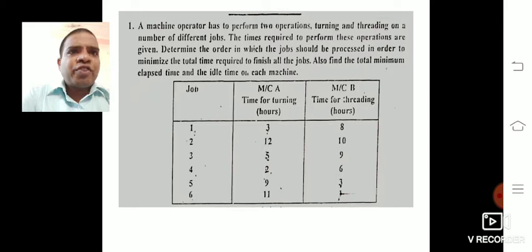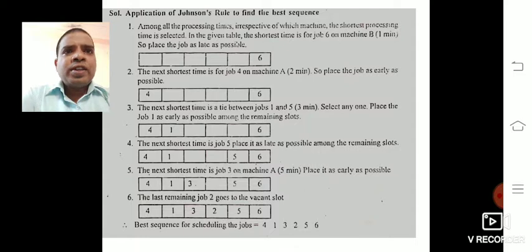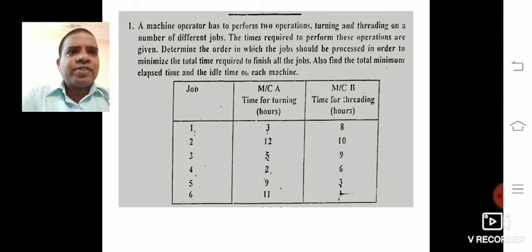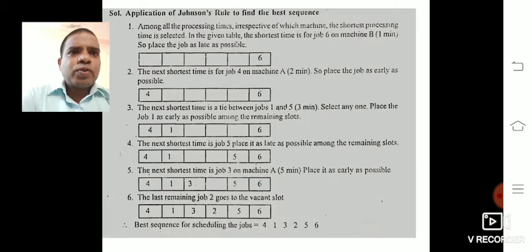Suppose we select the first job; we place job 1 as early as possible, next to the fourth job. And in the fourth step we consider the fifth job, which is 3 on machine B, so we place it towards the left side, next to it.